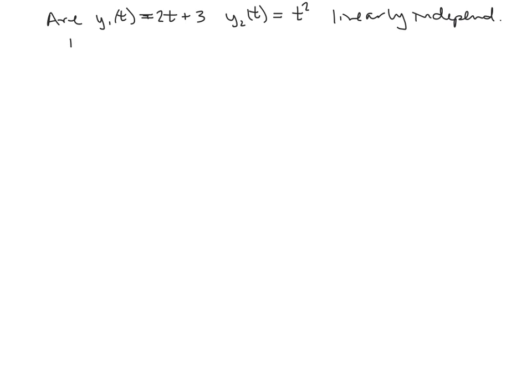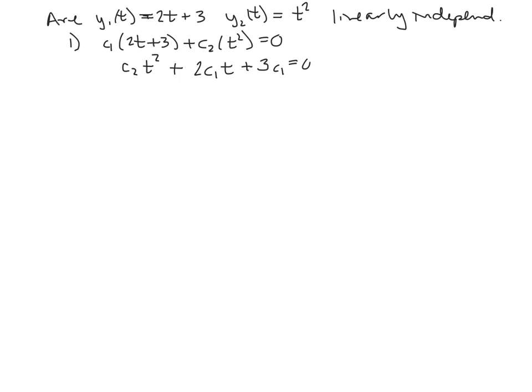Remember that there are two different ways. The first way was to take constants, put the functions multiplied by those constants, set that equal to 0, and see if you can find constants that are not 0 where this will work out. So I would gather all my t squareds together, c2t squared, plus all my t's together, 2c1t, and everything else together, and set it equal to 0.